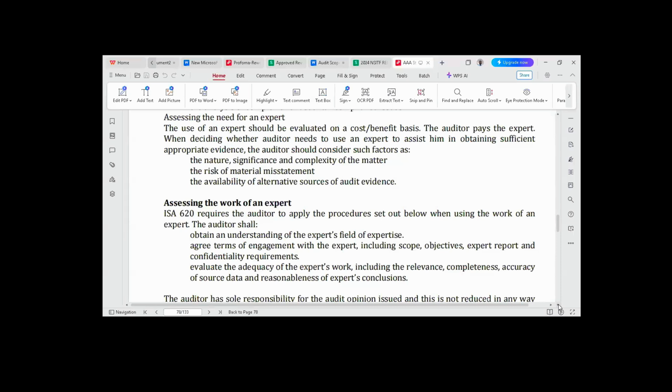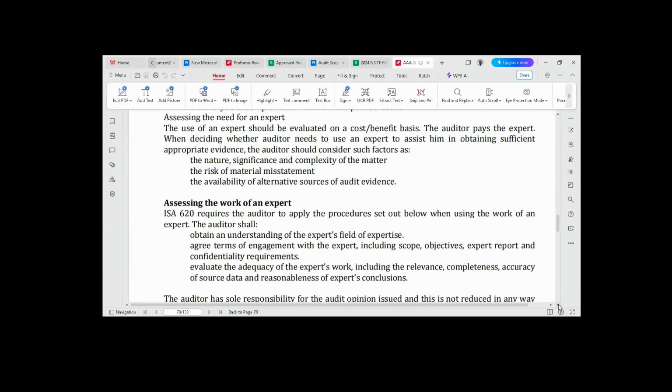In fact, when it's presented, it's not going to say that based on the report I obtained, it's going to say based on my report, because it's the one that has brought in the expert. Unless there is a need and the law requires that the expert should come and say something. That is when you can have a deviation. Otherwise, the external auditor takes full responsibility for the work of the auditor's expert.